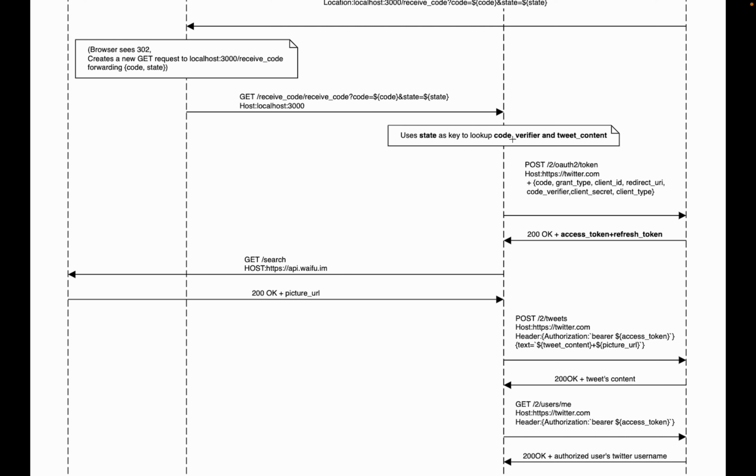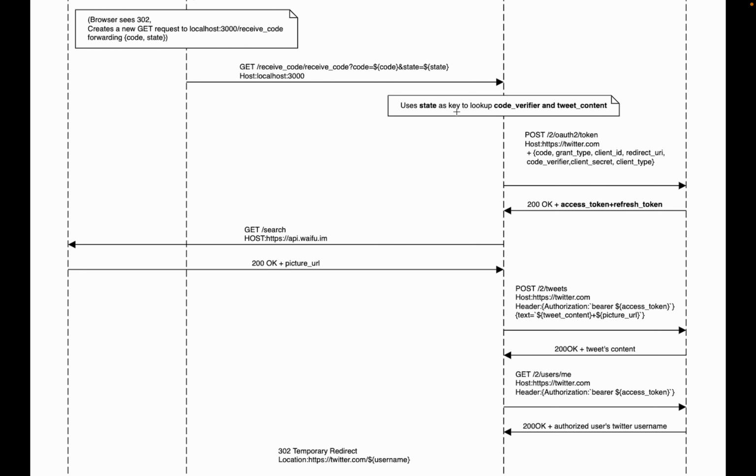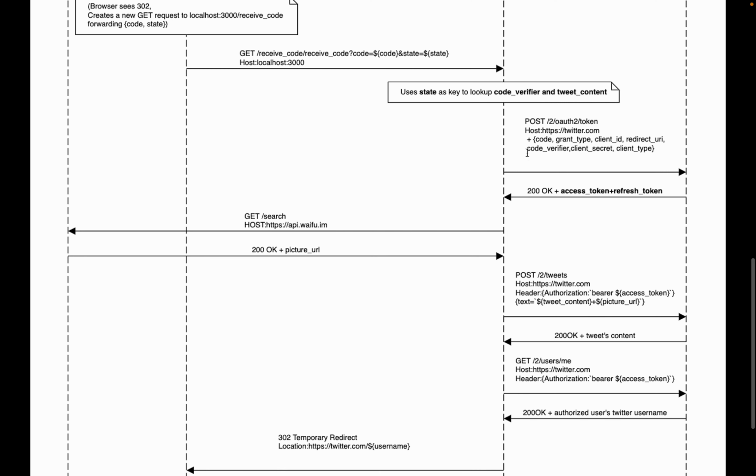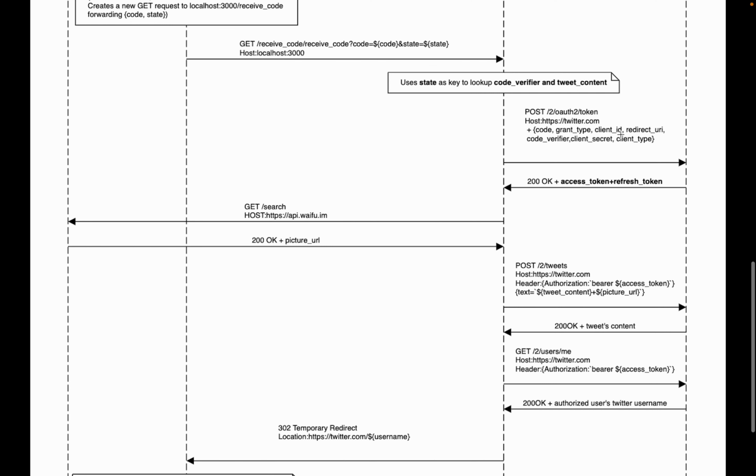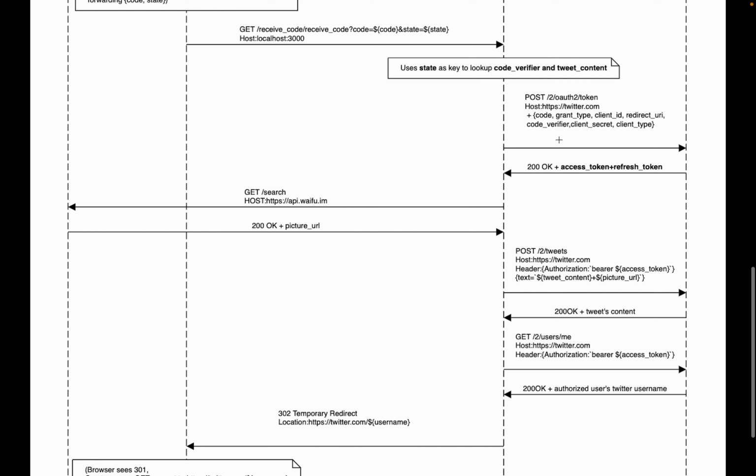And the server is going to do a POST request forwarding the code we just got, and the code verifier, and the client secret, client ID, and the same redirect URI we used before, and the client type. In this case, the client type will be public.